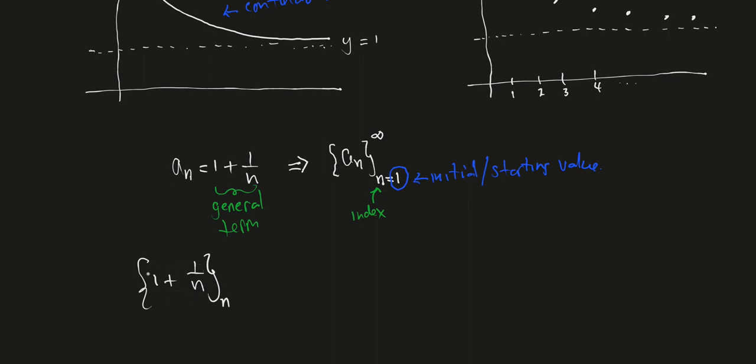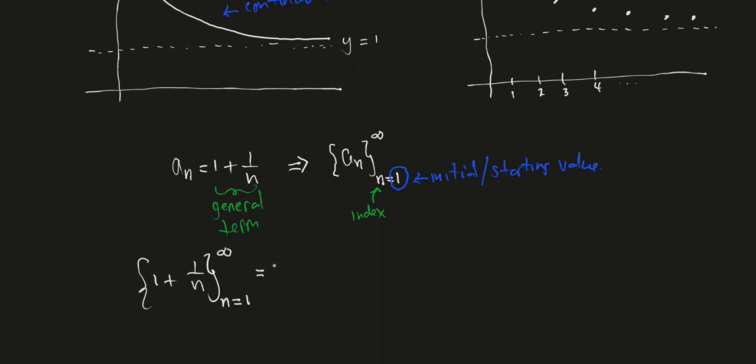So we want our sequence to be defined on whatever set of integers we indicate. In this case, let's say I started at n equals 1, and then it will always go to infinity because it's a function of all the integers, but a particular question will define what integer to start with.